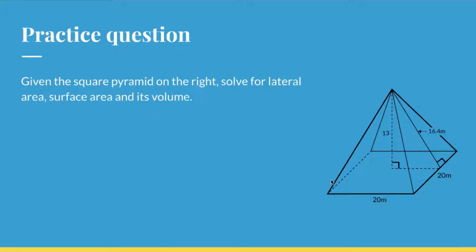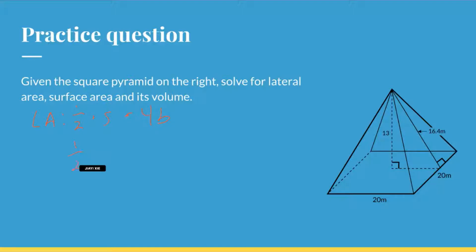So let's do a practice question. Given the square pyramid on the right, solve for the lateral area, the surface area, and its volume. We know that the formula for the lateral area is 1/2 times S times 4b. Let's find all the values and plug them into the equation.